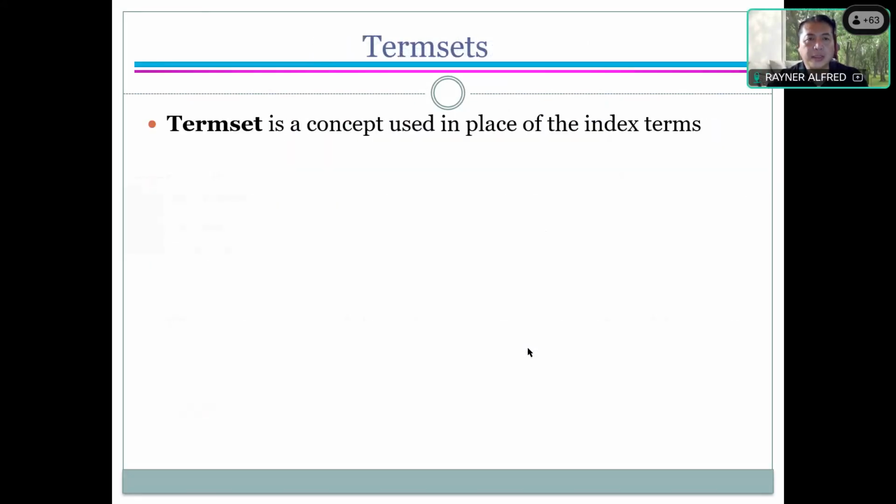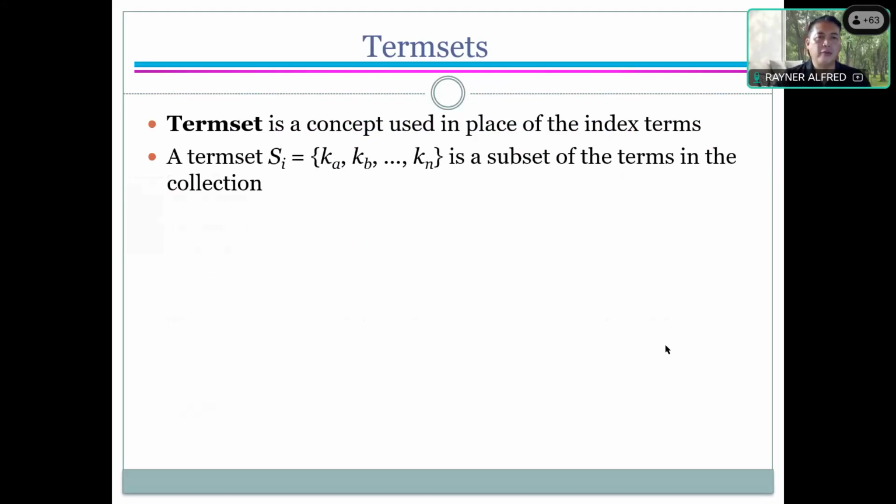so term set is a concept used in place of the index term. So instead of using a single term, we use a set of terms to describe the document. So for example, if you have keywords KA, KB, up to KN, and you have all these keywords in your document, this is considered as one term set, like a collection of keywords that you can use to describe the document.